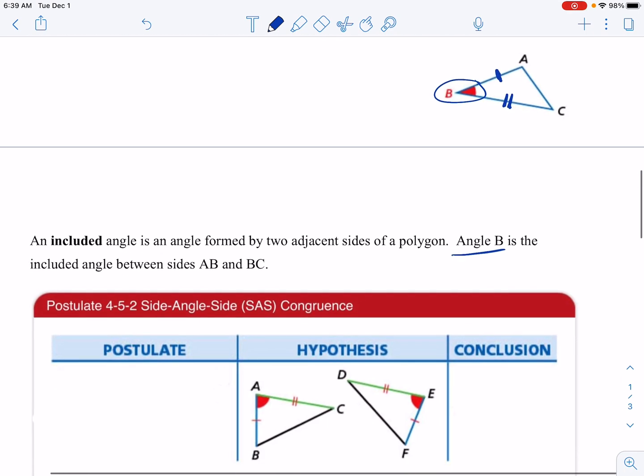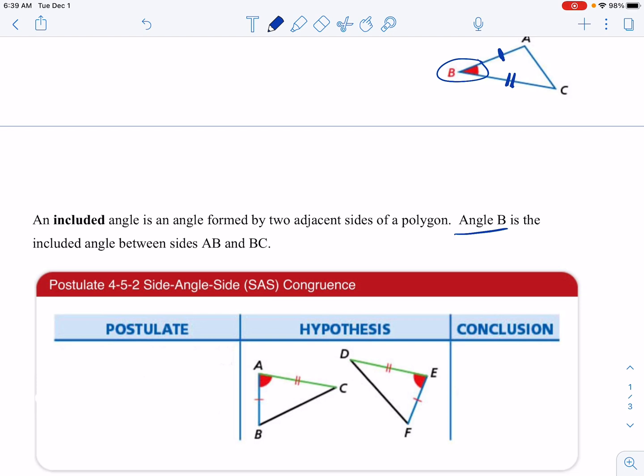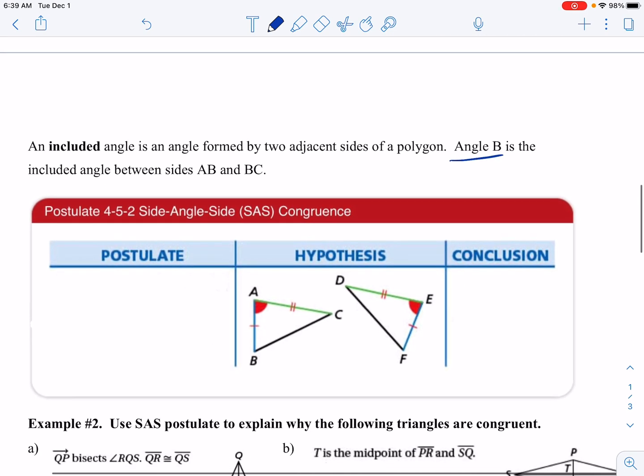So the side angle side congruence postulate is also enough information, and we're going to go into more detail why in class.